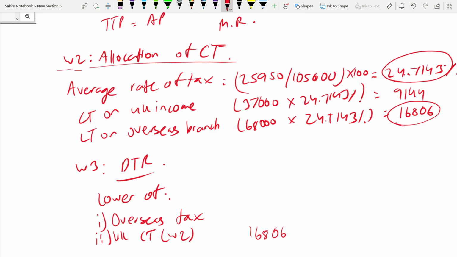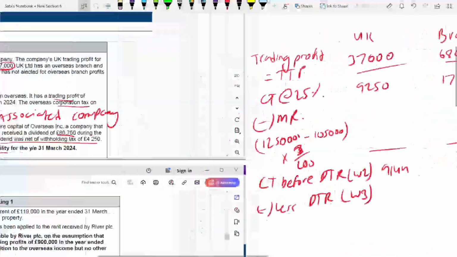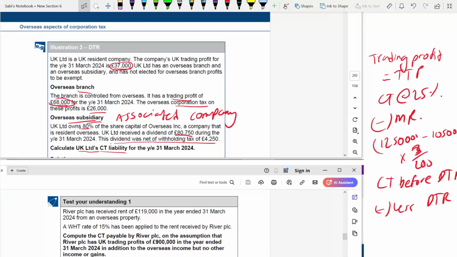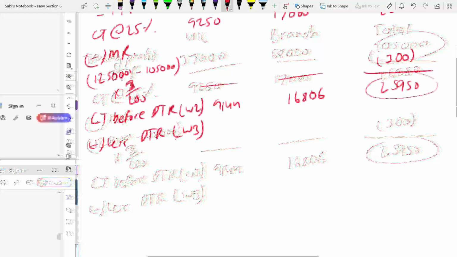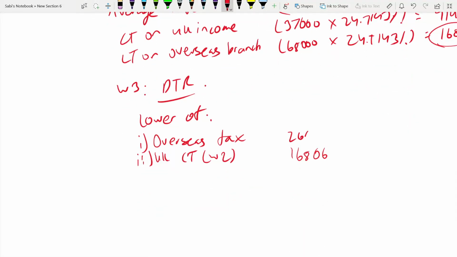Overseas tax. Overseas tax suffered has been given to you. They will always give you the figure. This one, 26,000. Lower is this UK corporation tax. Okay.